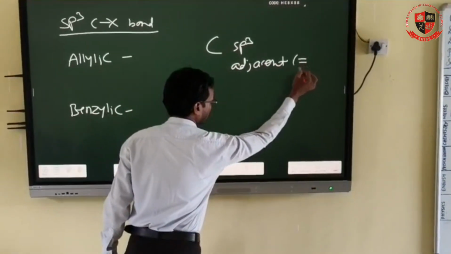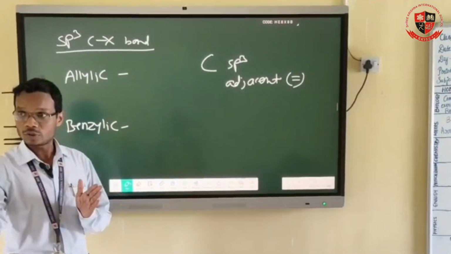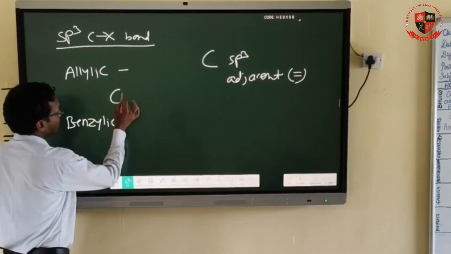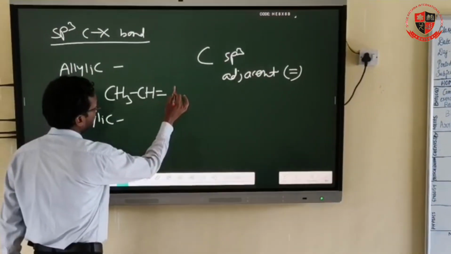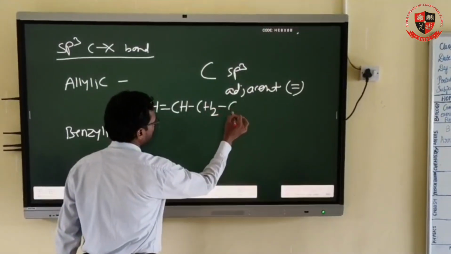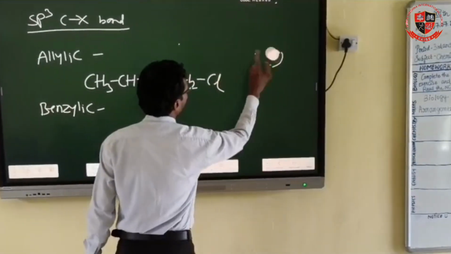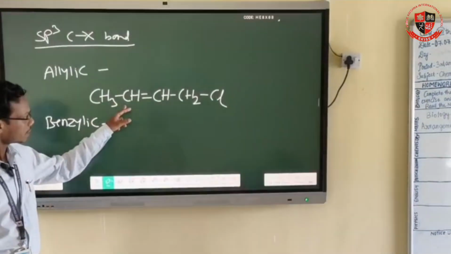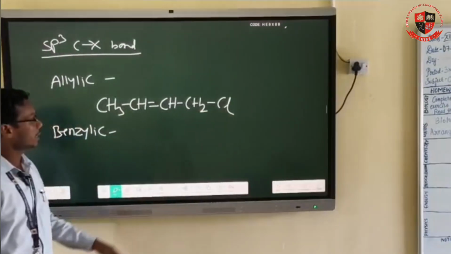What is the adjacent position? One position after the double bond. Now take one example: CH3CH=CHCH2Cl.